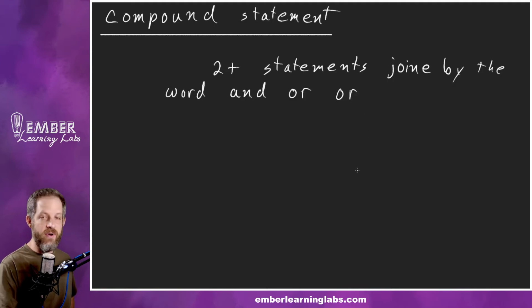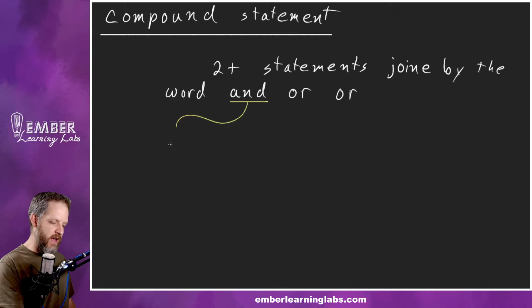If we have two statements joined by an and, then we call this compound statement a conjunction.